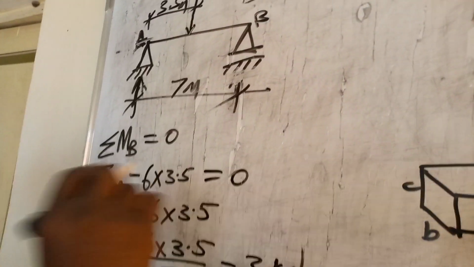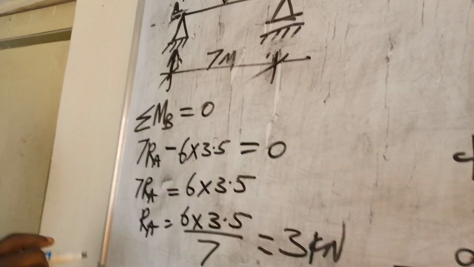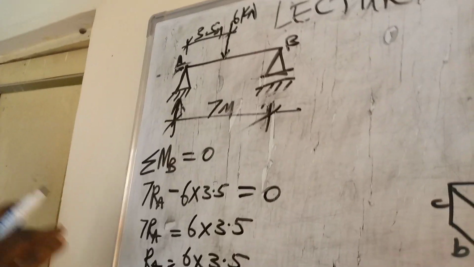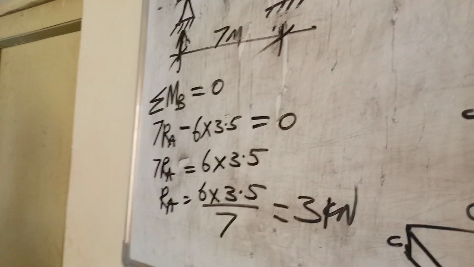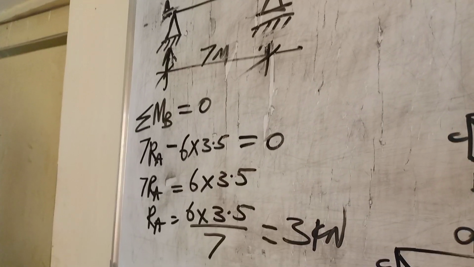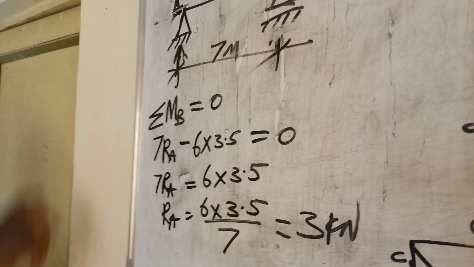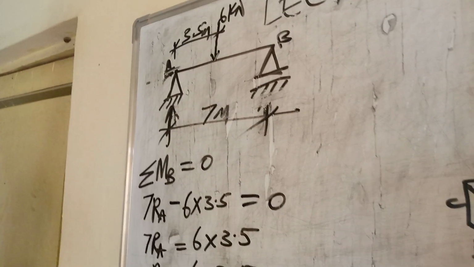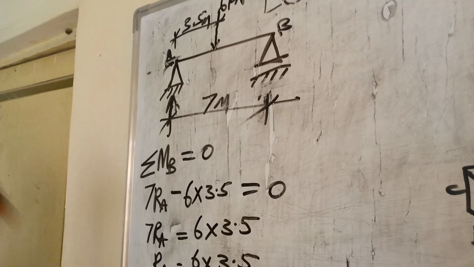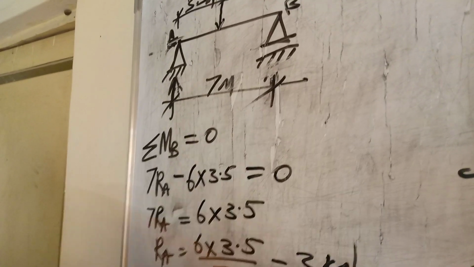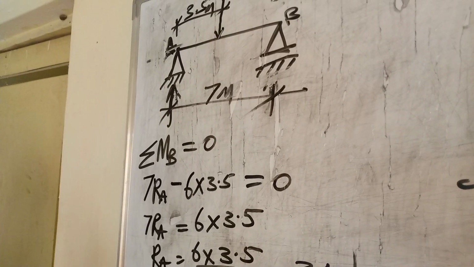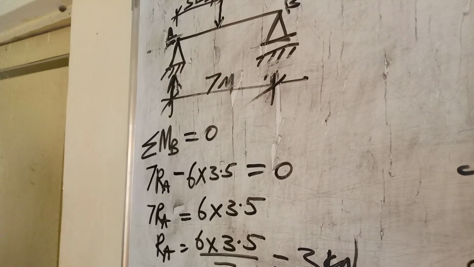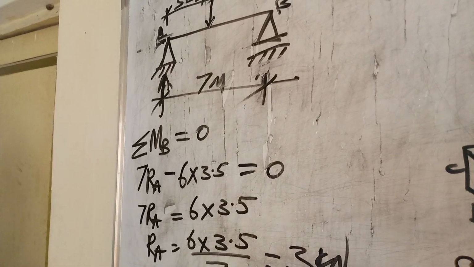Now to get reaction B, the vertical reaction. Support A is supposed to have 2 reactions. What about the horizontal reaction? The load on the structure is vertically down, so it has no horizontal component. What brings about reaction is an action. An action has to happen before a reaction occurs.